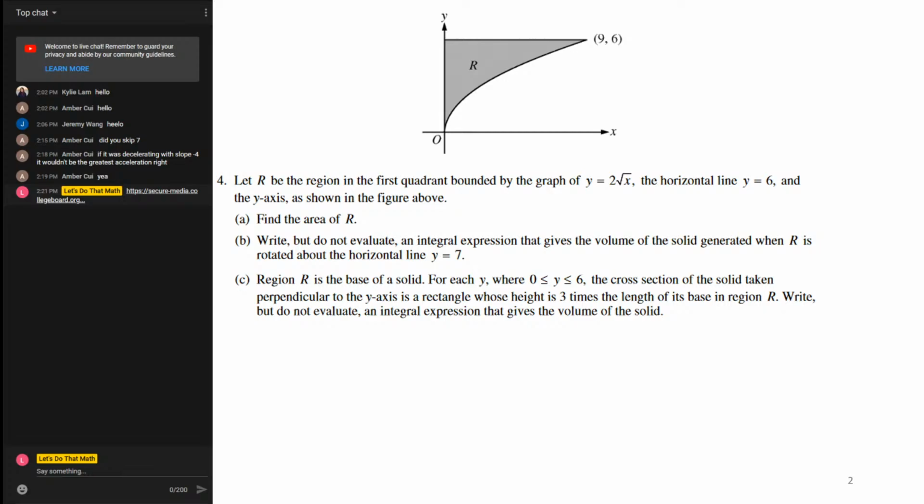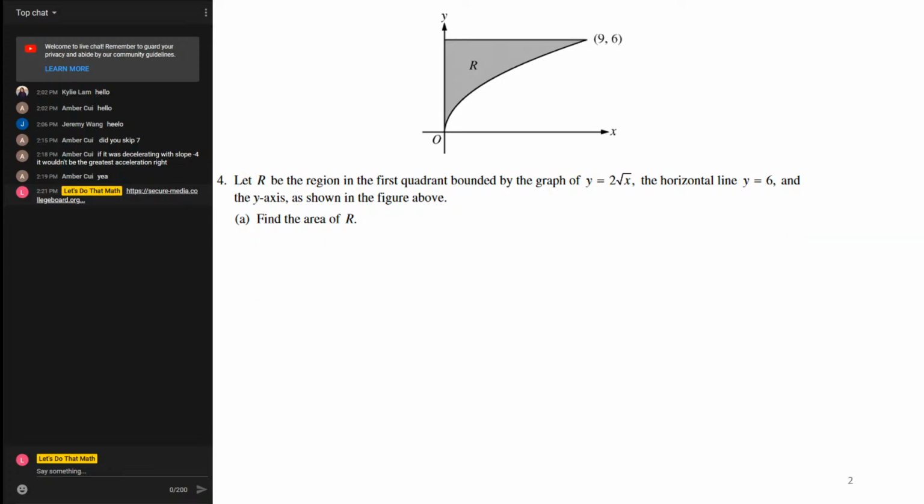So area, normally you would just do the top minus the bottom one. I think that's fine here, right? There's no reason not to do the top one minus the bottom one. So let's go ahead and do that.